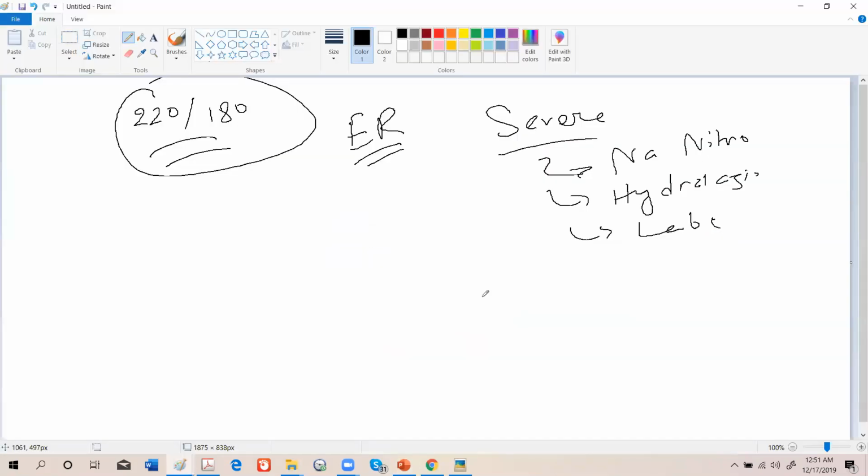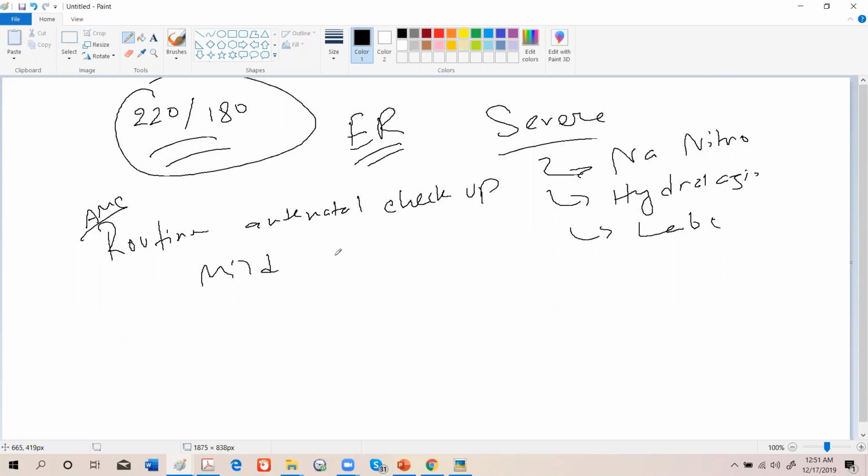So in the emergency cases, how can it be presented? The two-way one: the patient came for a routine antenatal checkup. The same thing they will tell you in the AMC exam. If they say it that way, and you get to know there is maybe mild hypertension, definitely we might not give the drug directly, we might follow up.